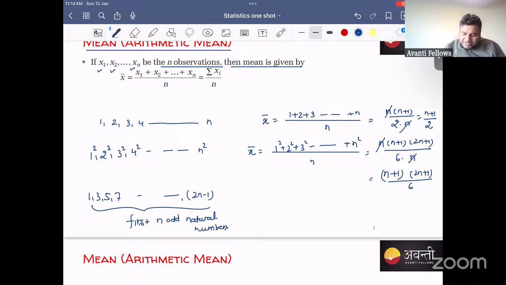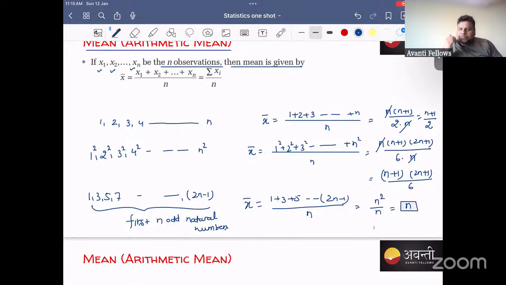In that case, the mean will be 1 plus 3 plus 5 up to 2n minus 1, whole divided by n. If you calculate this sum using the AP of the above sequence, it will come out to be n square upon n. So the mean is exactly n. Understood? So this is the mean of the first n odd natural numbers.